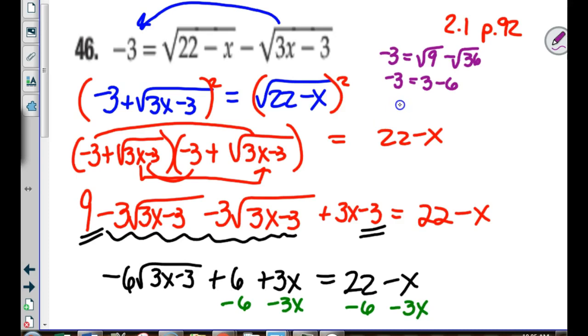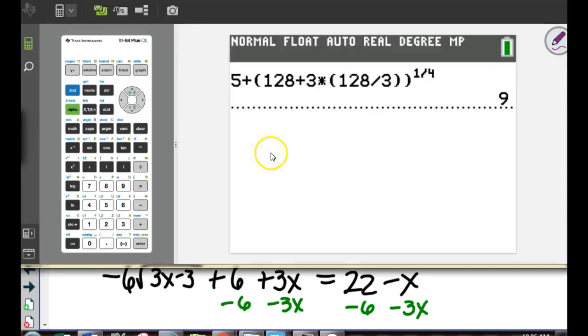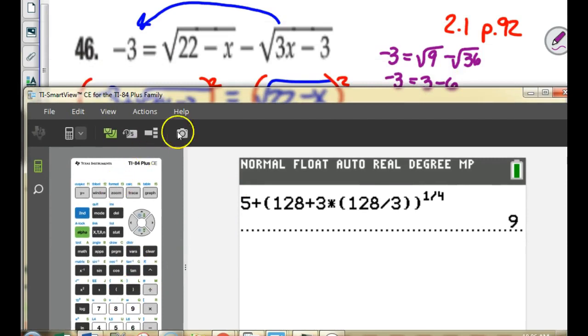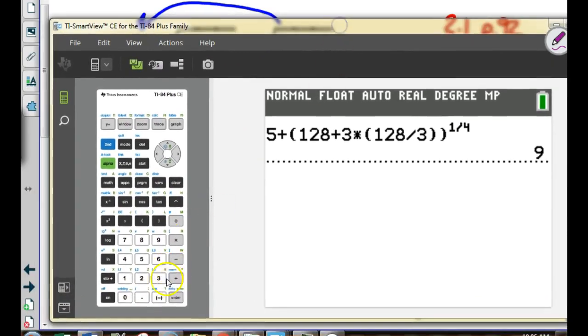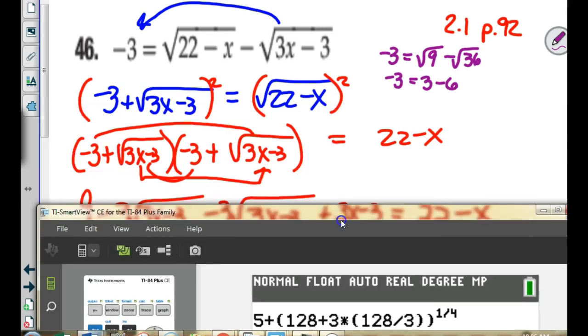Okay. The other one is 7/4. I'm going to use the calculator. So it says 22 minus 7/4 is 81/4.